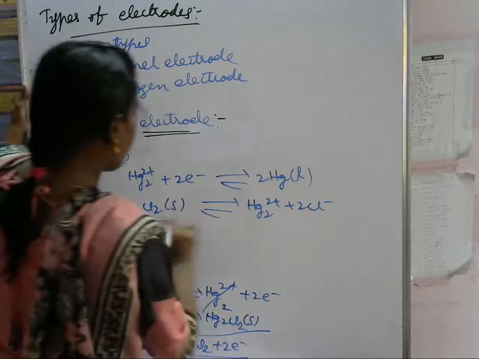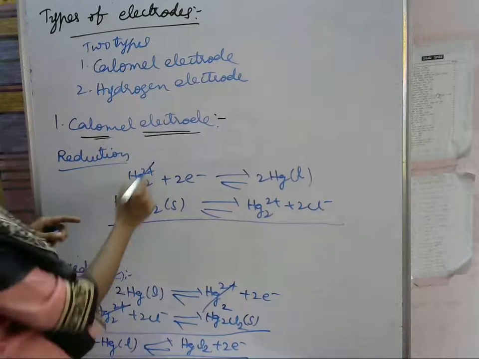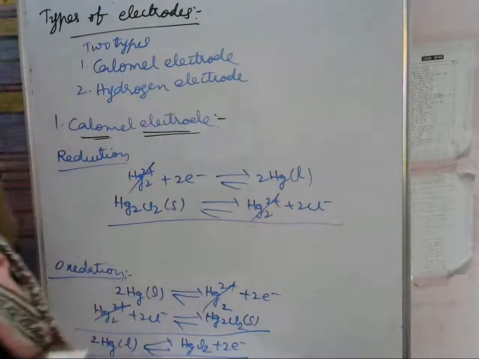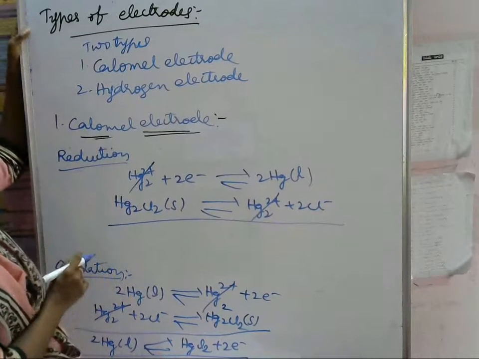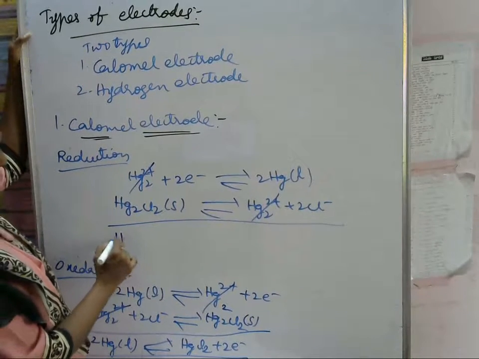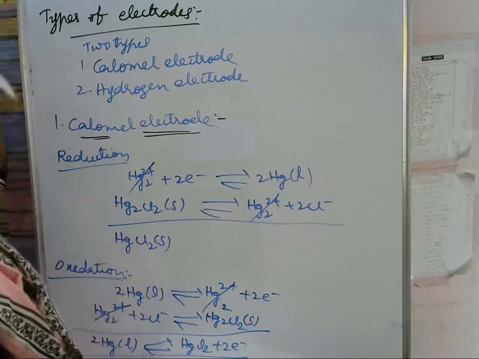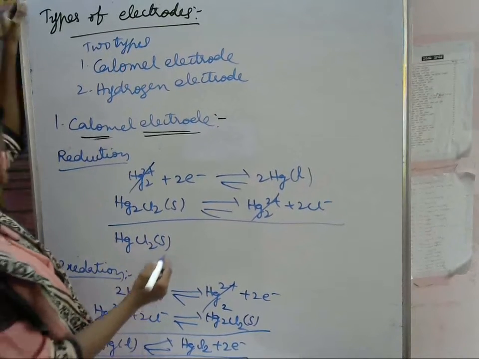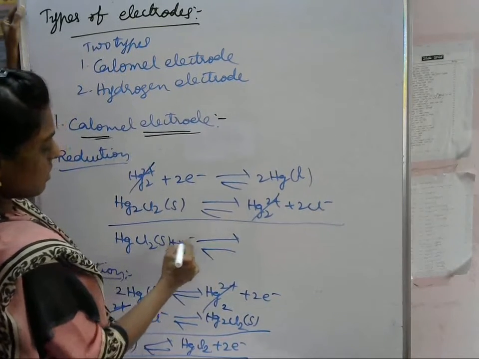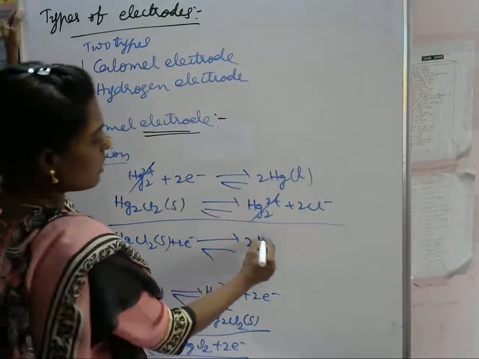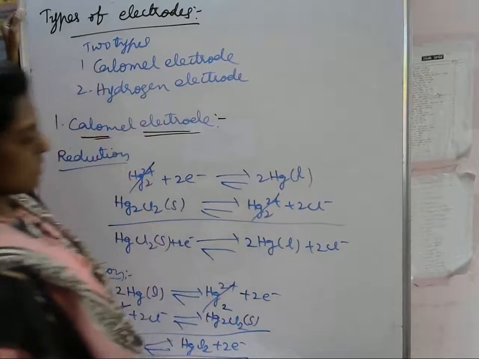Let's see the net reaction of this one. Here Hg2 2+ gets cancelled, and we have Hg2Cl2 solid plus 2 electrons giving 2 Hg liquid plus 2 Cl minus.